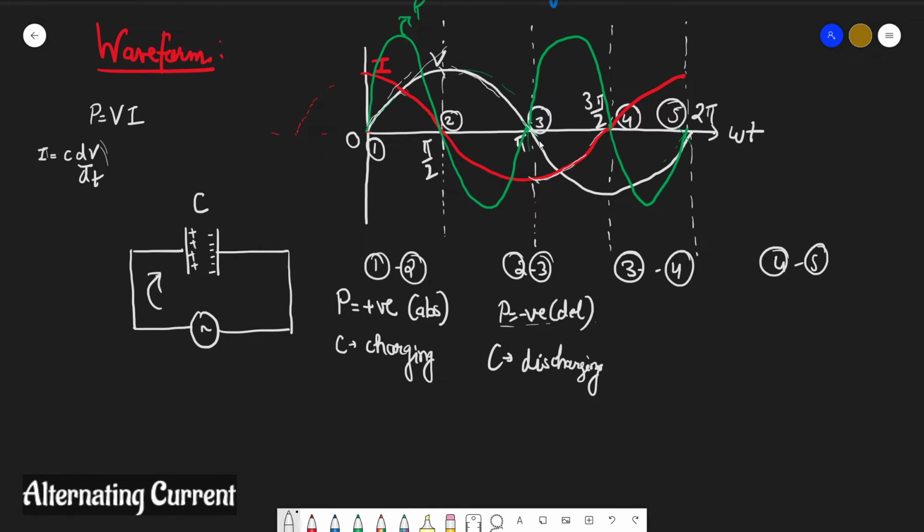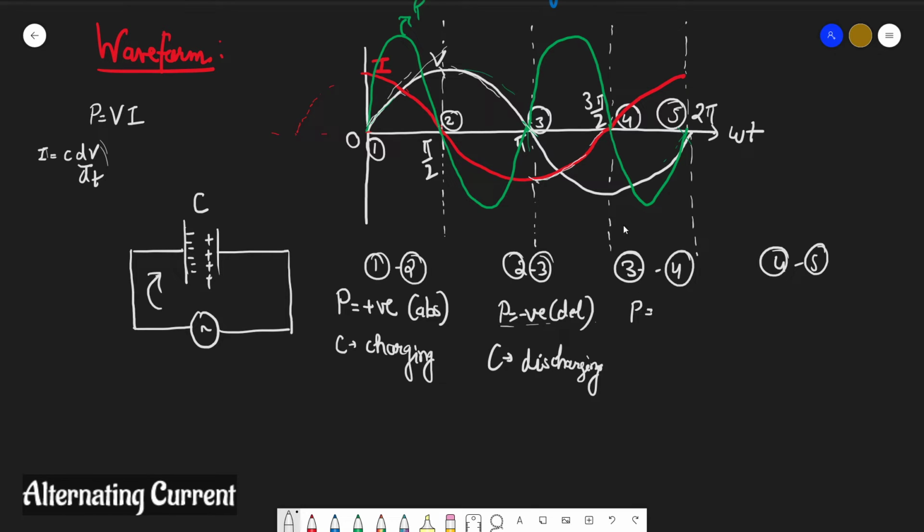Now the voltage slope is getting negative, but it is negatively increasing in the opposite direction. So the charges accumulated will be like this. Now this plate is getting negatively charged and this plate is getting positively charged. It is charging in the opposite direction now.